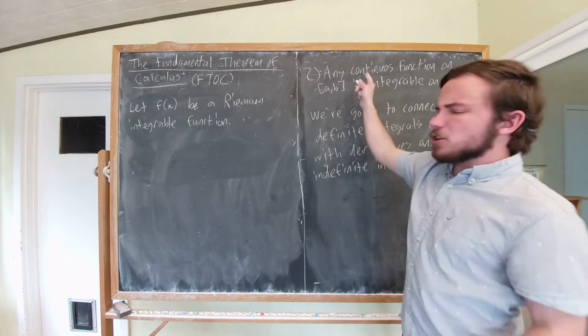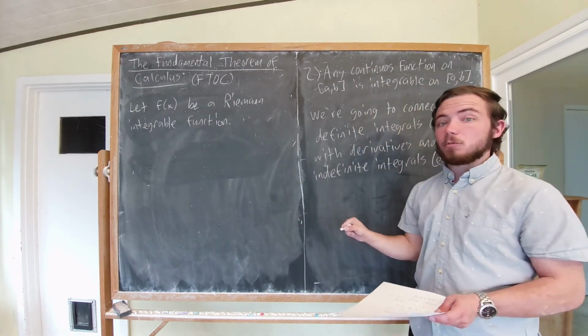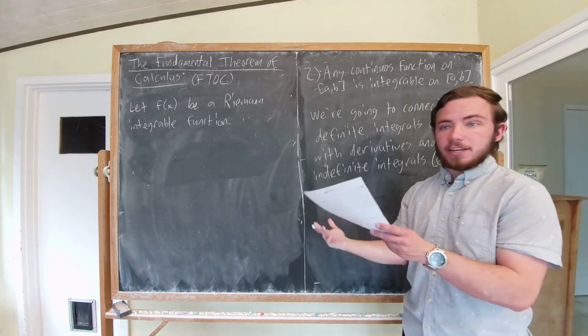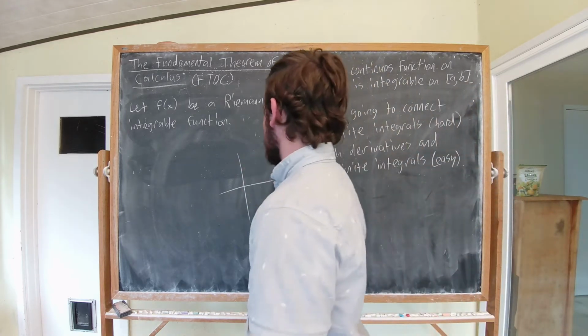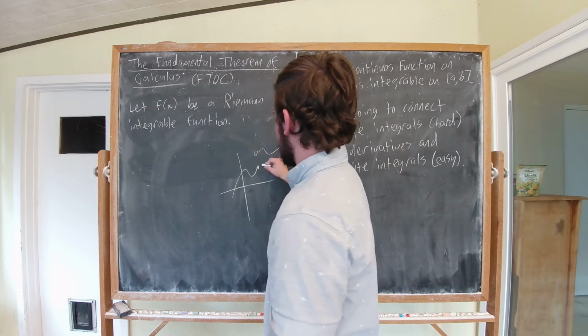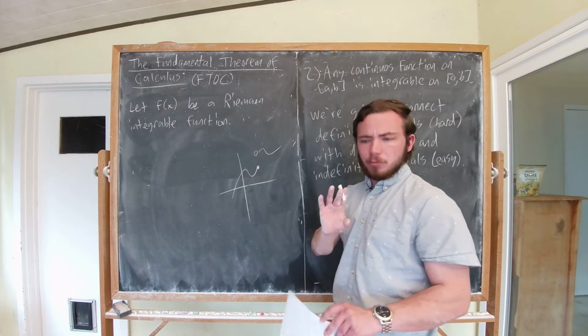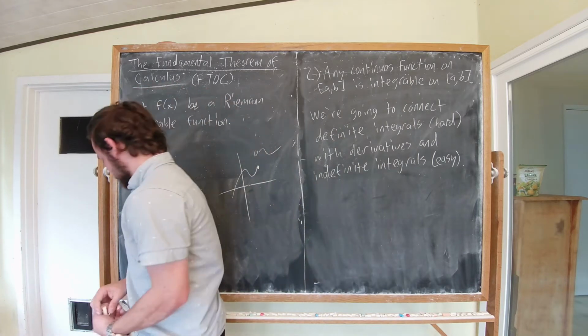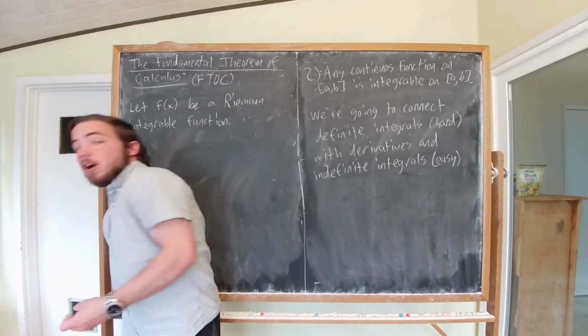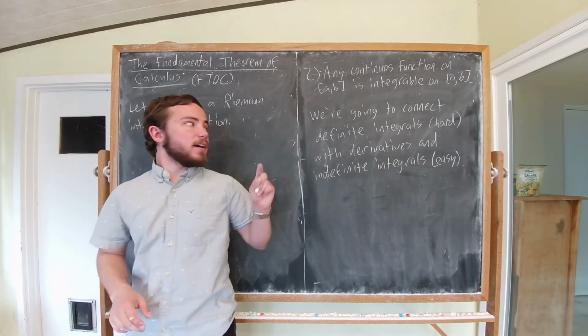So, any continuous function automatically works. There are Riemann integrable functions that are not continuous. Case in point, something like that would end up being Riemann integrable, and we'll state that later. But there are discontinuous Riemann integrable functions.